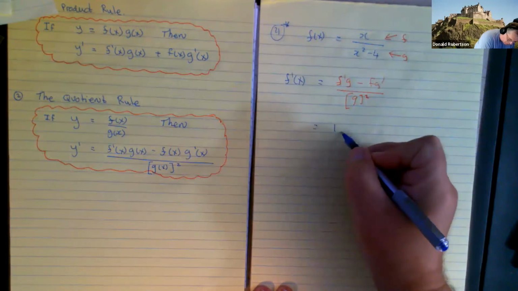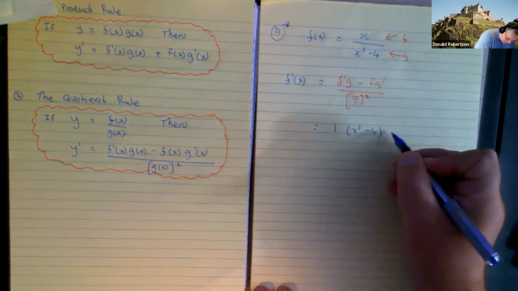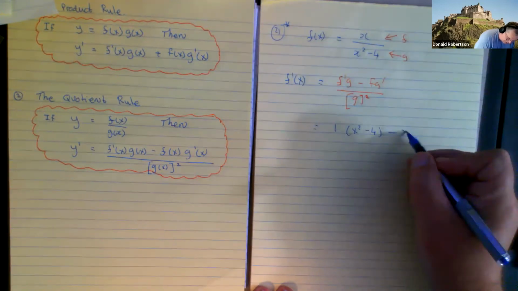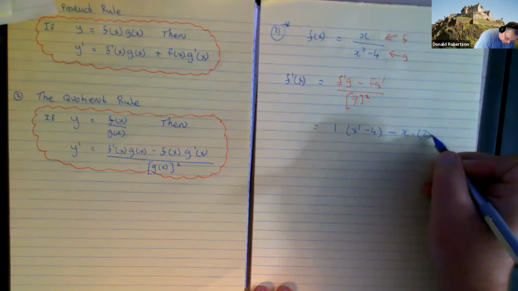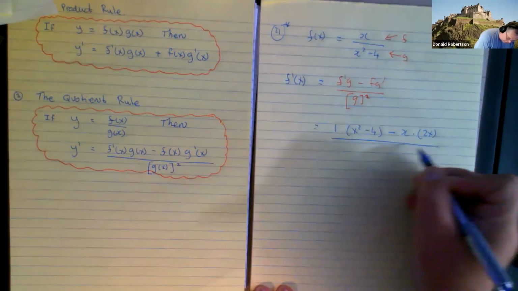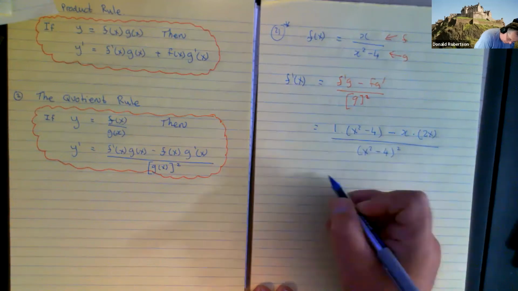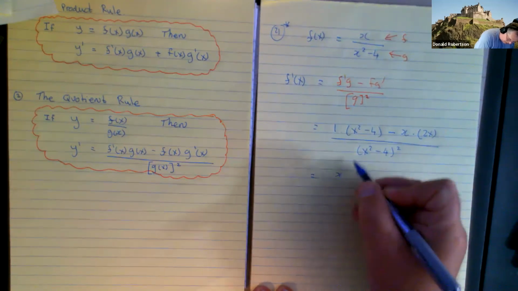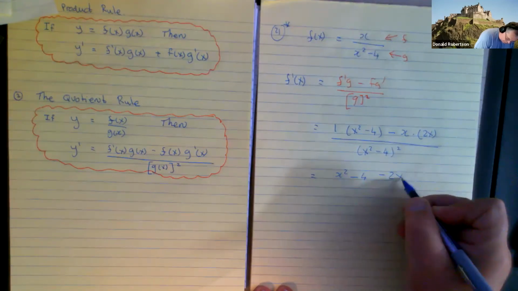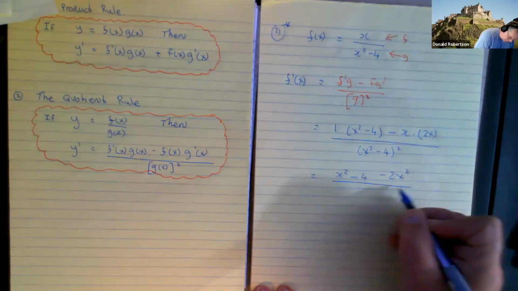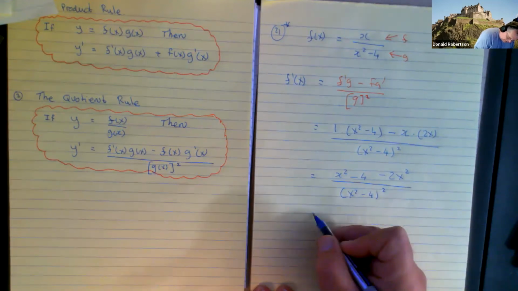Differentiate this guy, you get 1. Leave that guy alone. Take away that guy times the derivative of this guy, which is 2x, all over x squared minus 4 squared. So that gets me an x squared take away 4, take away 2x squared, all over this guy.